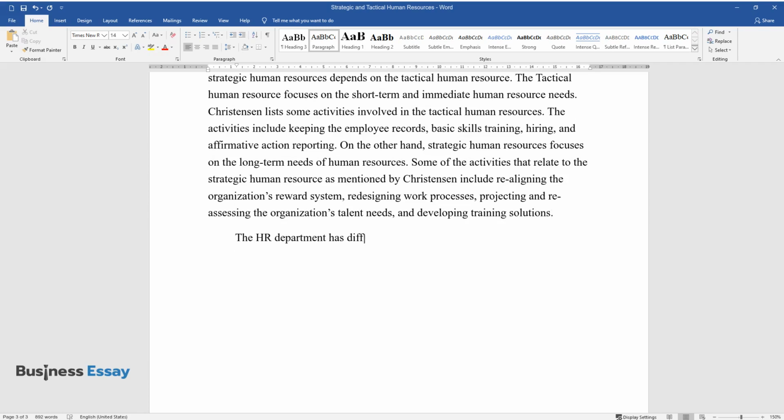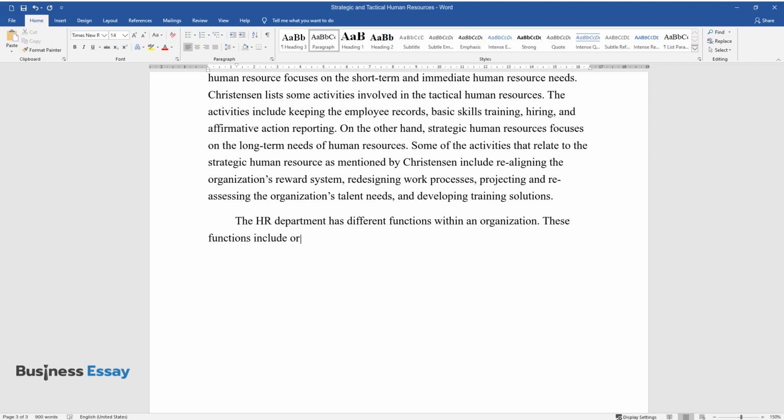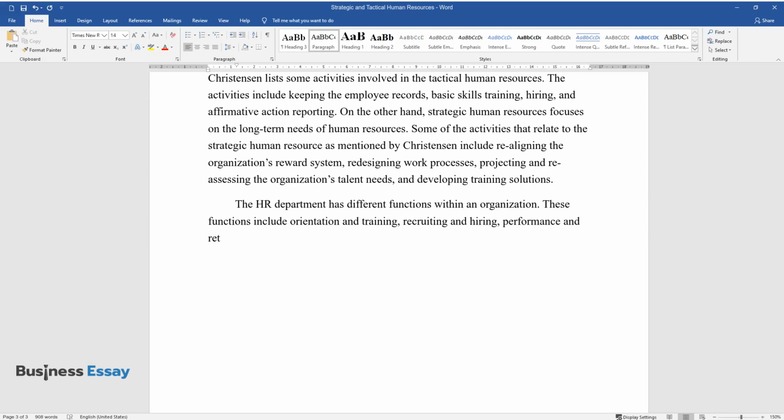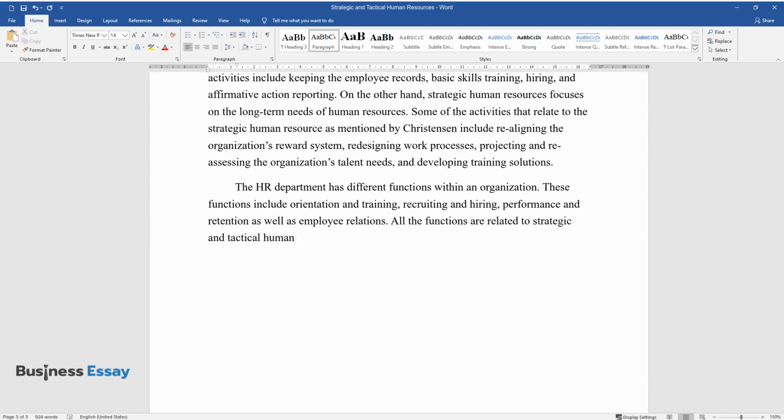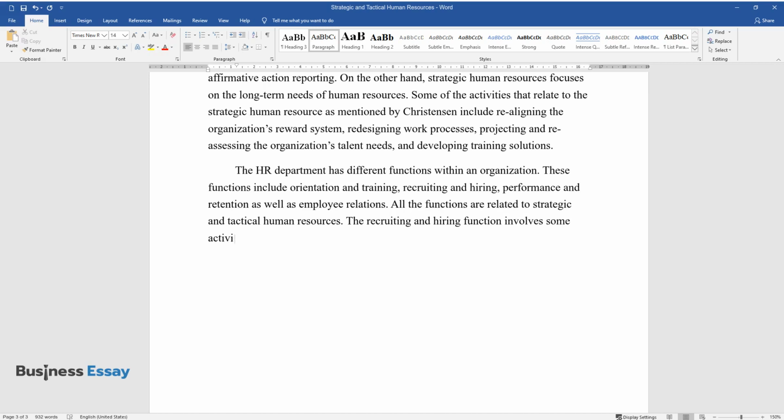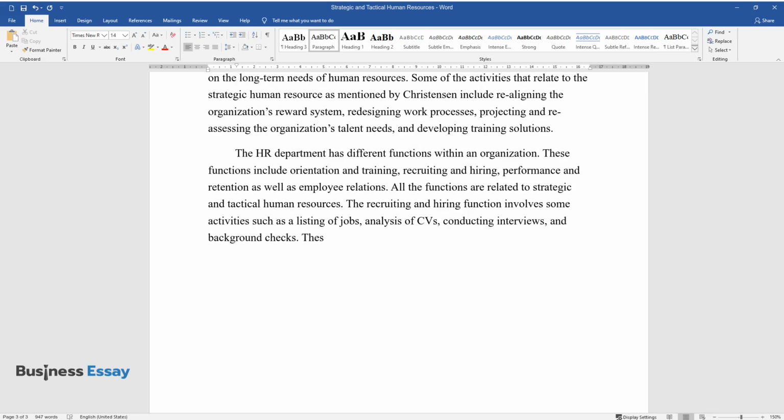The HR department has different functions within an organization. These functions include orientation and training, recruiting and hiring, performance and retention as well as employee relations. All the functions are related to strategic and tactical human resources. The recruiting and hiring function involves some activities such as listing of jobs, analysis of CVs, conducting interviews, and background checks.